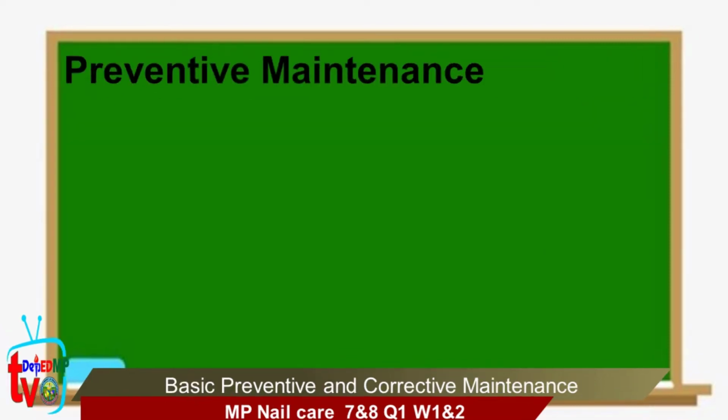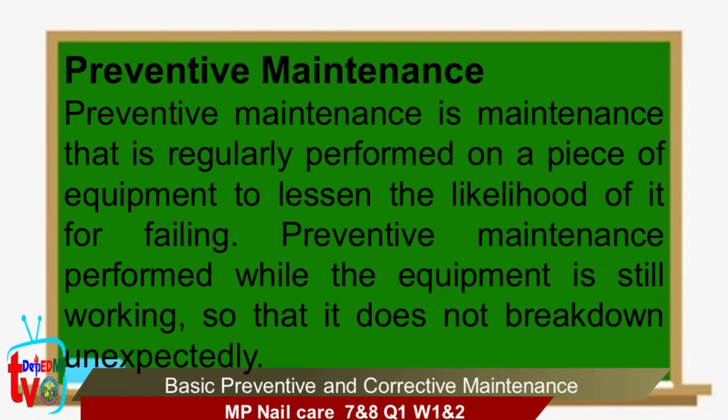Preventive maintenance. Preventive maintenance is maintenance that is regularly performed on a piece of equipment to lessen the likelihood of it failing. Preventive maintenance is performed while the equipment is still working so that it does not break down unexpectedly.